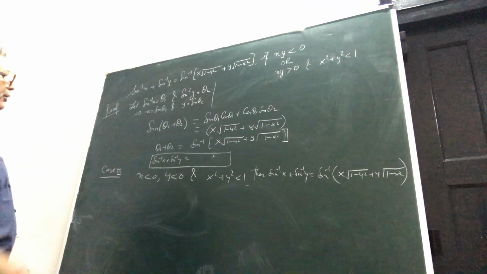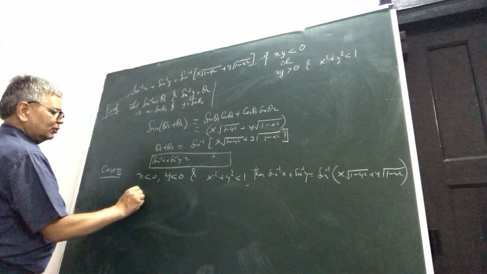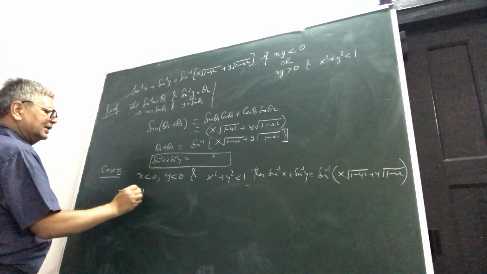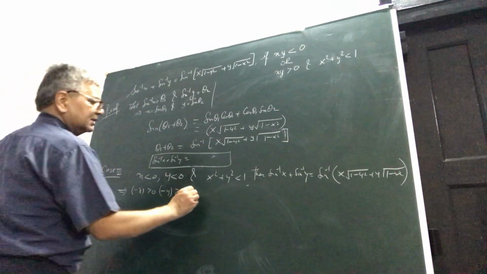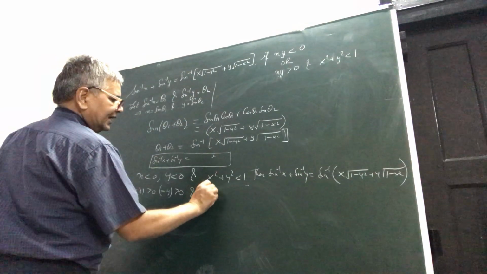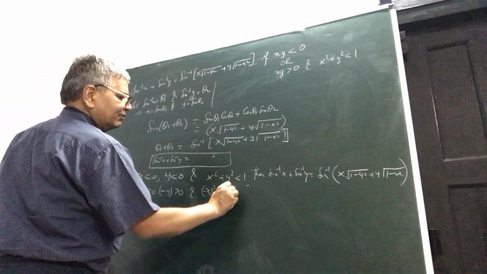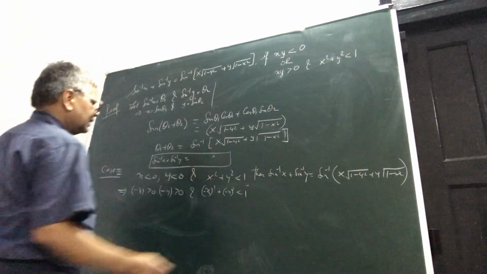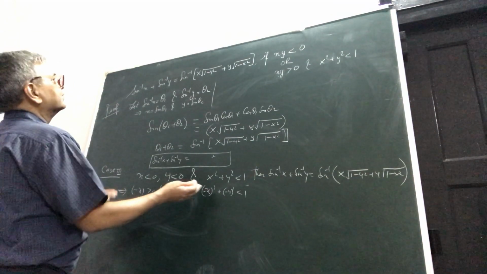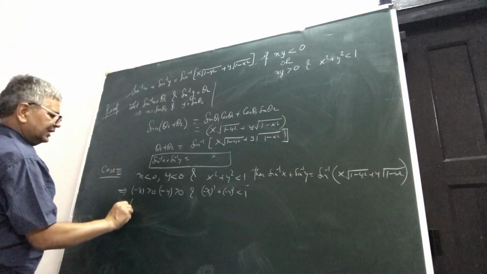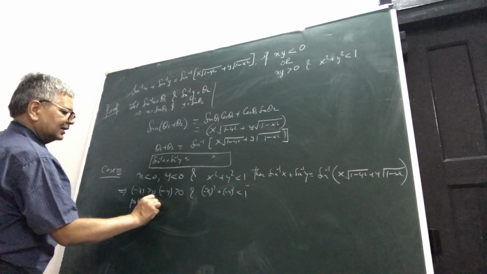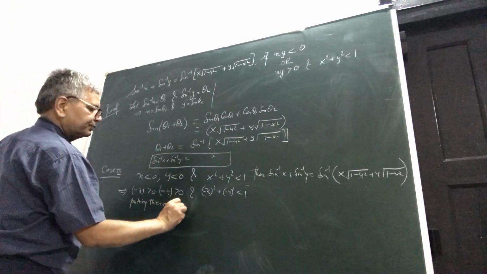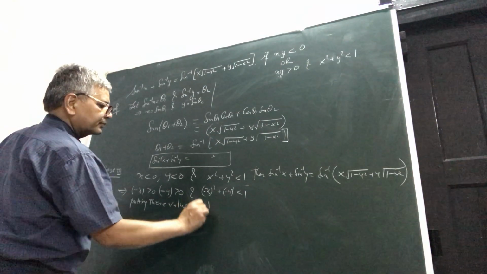Because see what you need to do. Here see if x is less than 0, this implies what? Minus x is greater than 0, minus y is greater than 0. And this thing will be same, minus x whole square plus minus y whole square will be less than 1. Now see, what you need to do is, putting these values in 1.